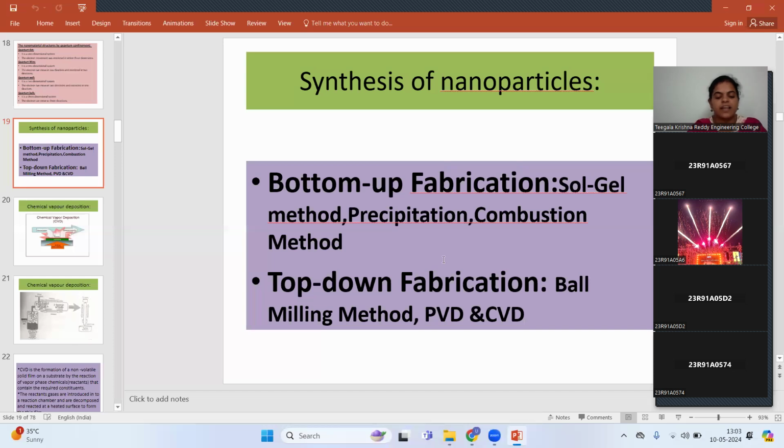In this method, the nanomaterials are synthesized by converting bulk materials into nano sizes. Methods include ball milling, physical vapor deposition and CVD. PVD means physical vapor deposition and CVD means chemical vapor deposition.